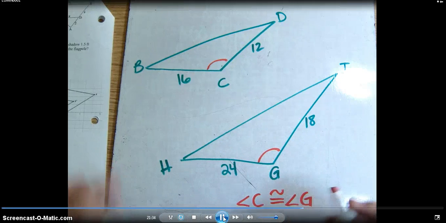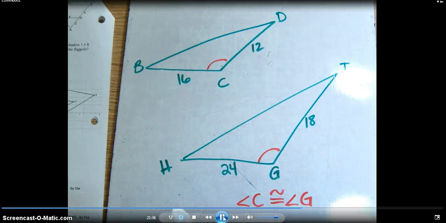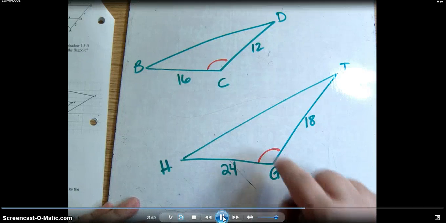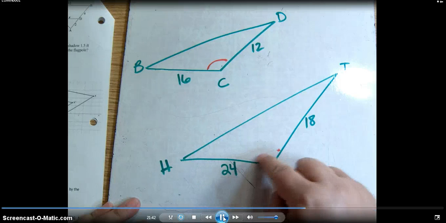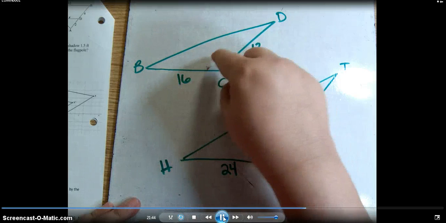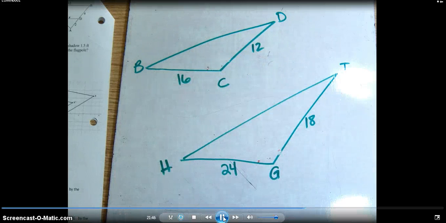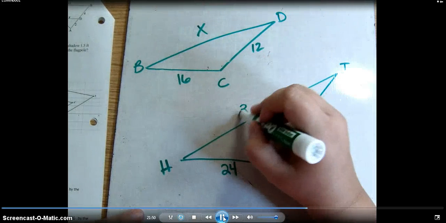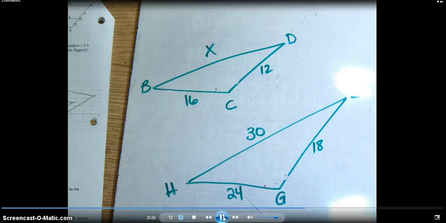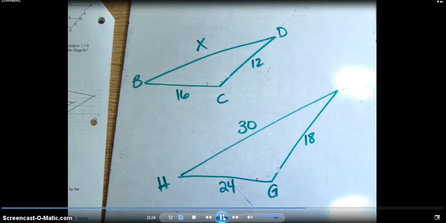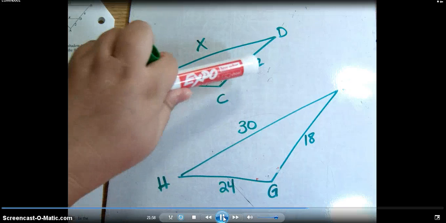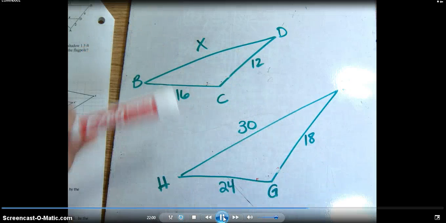In part B, this time it does not say that we have to leave x out of it. This time it says, what if we don't know anything about any angles? But we do know that this is x, and this is 30. What would x have to be? Well, this means I'm using side, side, side. So x over 30 has to be the same proportion as 12 over 18, so 16 over 24.